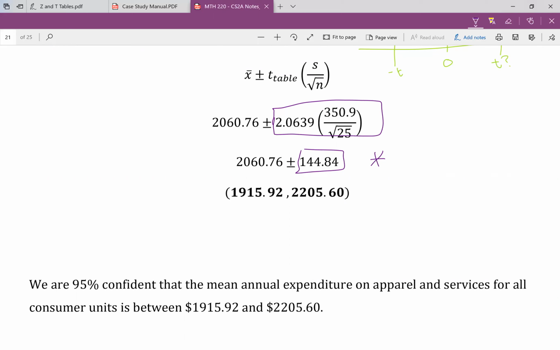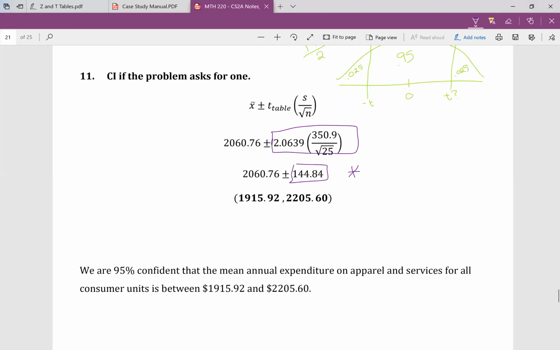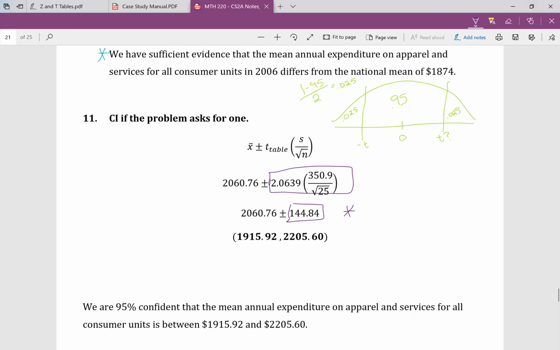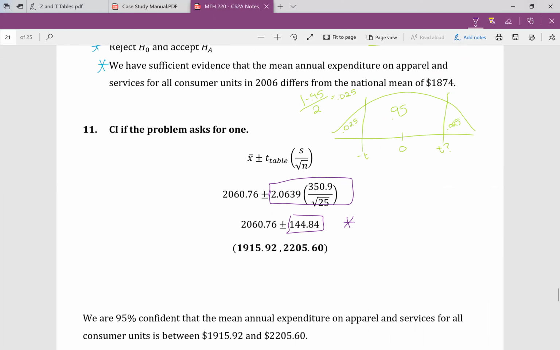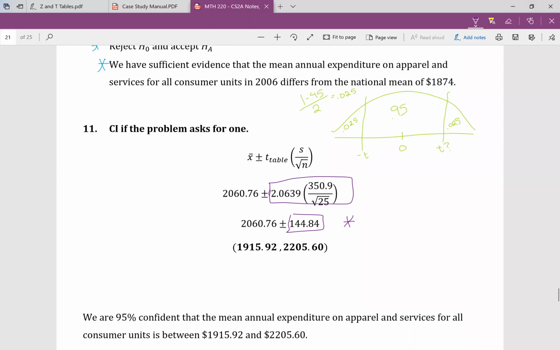Anytime you do confidence intervals with hypothesis testing, the decision you write for your hypothesis test should coincide with your interpretation of your confidence interval. Looking at the top of the page, we had evidence that mu was different from 1874.